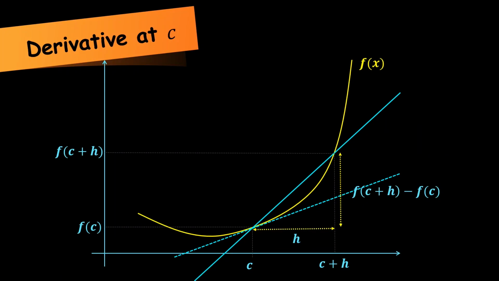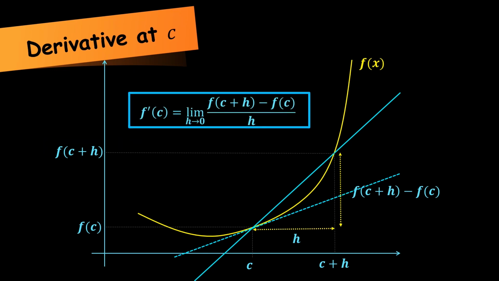So as h gets closer and closer to 0, the gradient of the thick red line approaches the gradient of the line at C, as you can see. So we can write this as: the derivative of f at c is the limit as h tends to 0 of f of c plus h minus f of c over h.